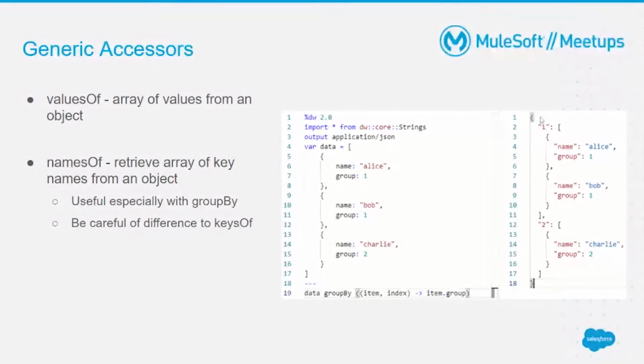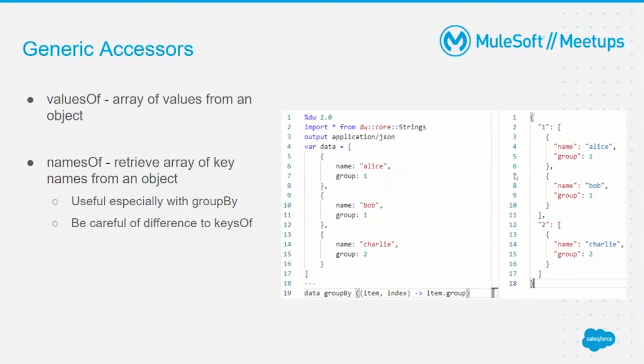So this object that groupBy outputs is an object with several keys, each key is a group, and each key's value is an array of objects from the input array that match your criteria.